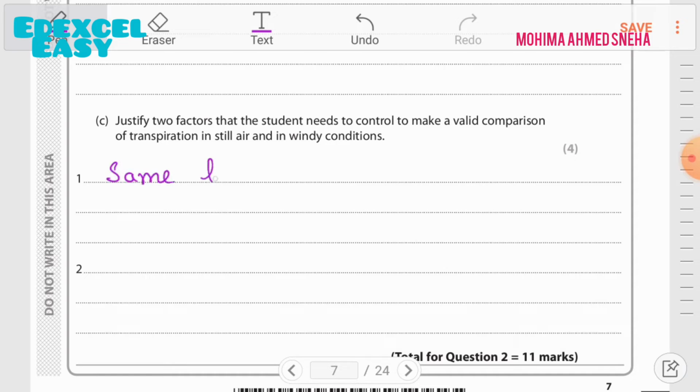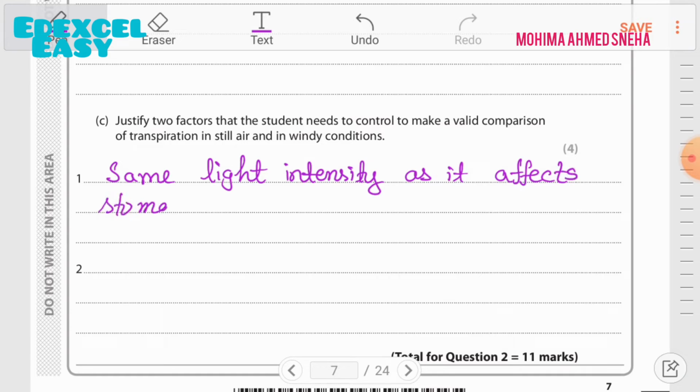Same light intensity as it affects stomata opening, and same temperature as it affects the rate of evaporation.